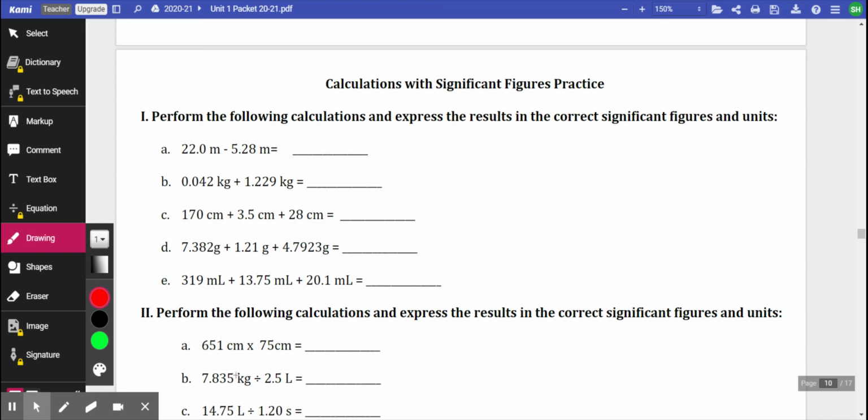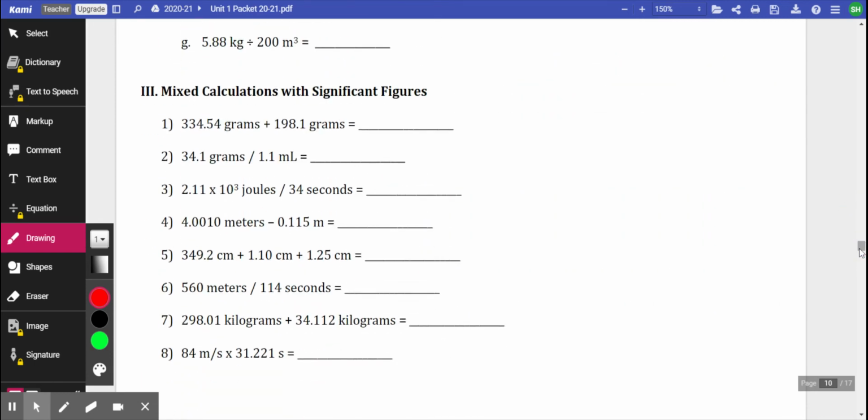This is multiplying, dividing. So that's going to be counting sig figs. When you get toward the bottom, now they're all mixed up. Okay. So you got to look. This right here is adding. So you're going by place value. Dividing, you're going by sig figs. Sig figs. Okay. Place value. So look to see what function you're doing, and what mathematical calculation you're doing, and that'll determine how you report your numbers.